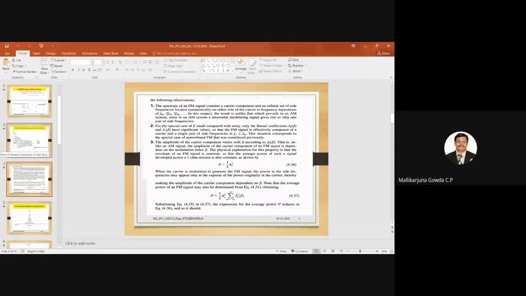Even after saying so many times, the frequency of the carrier varies according to the amplitude of the message signal. The amplitude of the carrier is kept constant. In what way can I say?